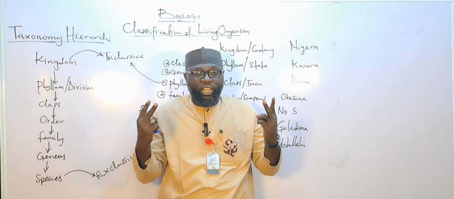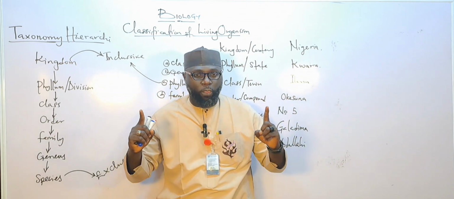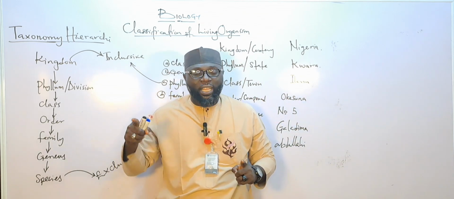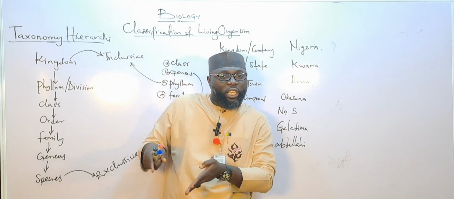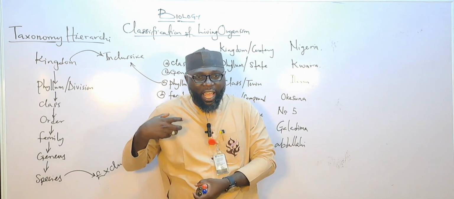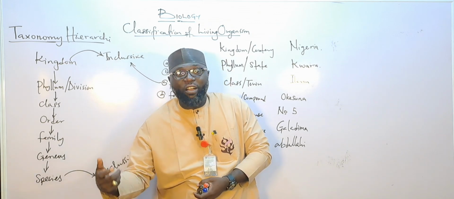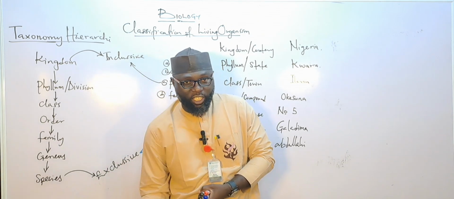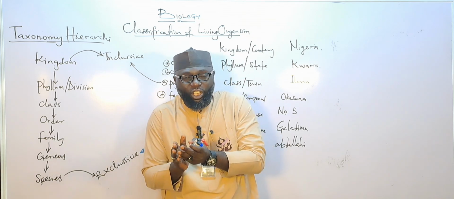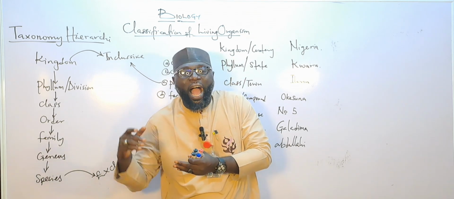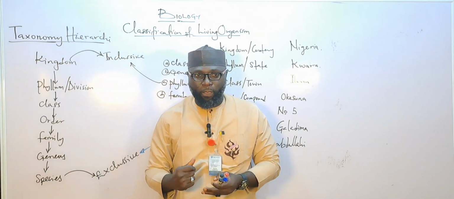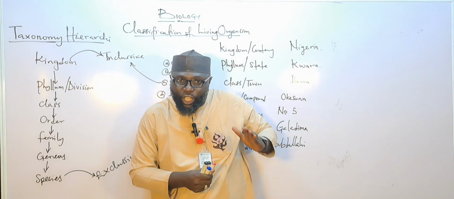And classification of living organisms can be grouped into 2. The first one is artificial, which is based on the easily observable characteristics in the organism, and the artificial classification is going by Aristotle classification.